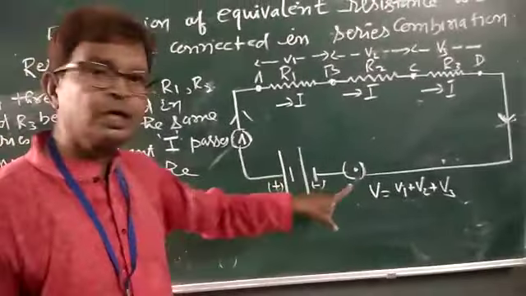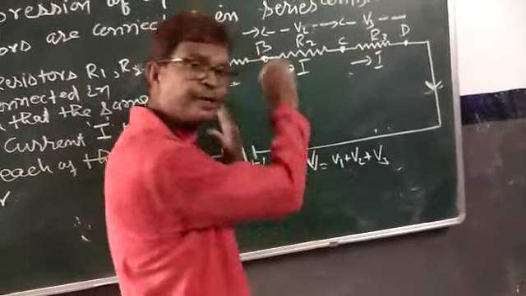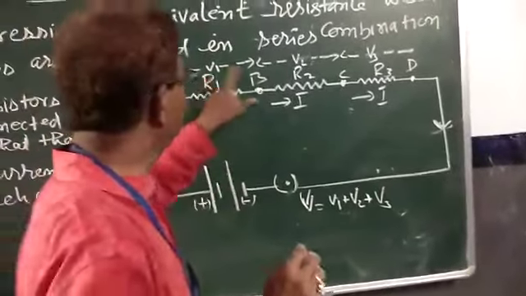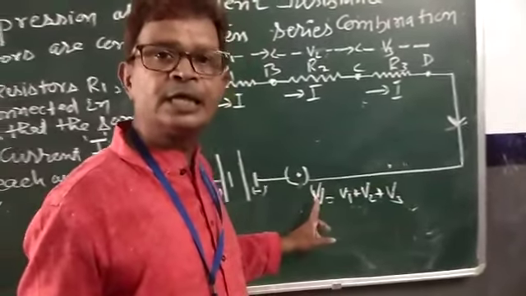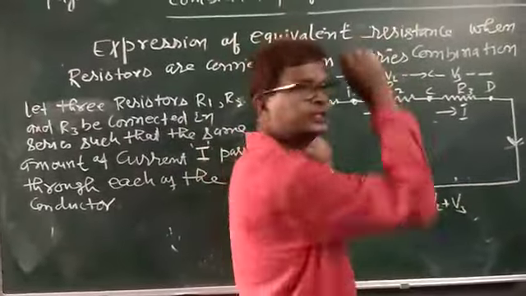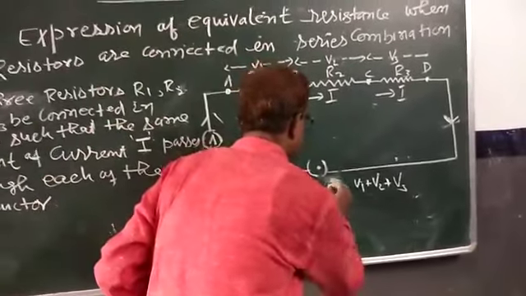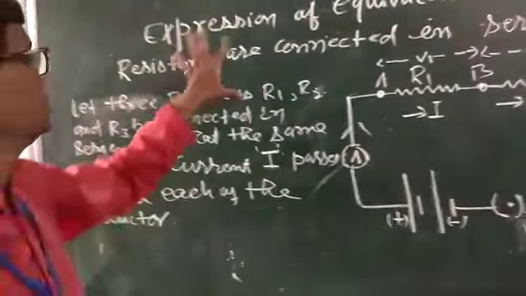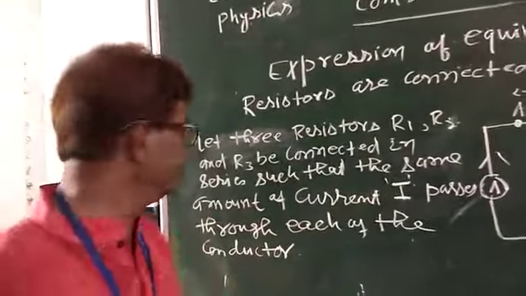As you know, the total potential difference is V. See here, the total potential difference of the electric circuit is V. So, if you add V1, V2 and V3, you will get resultant potential difference V. It means the sum of all three V1, V2 and V3 can be replaced by V. Now, let's see the expression for equivalent resistance when connected in series.